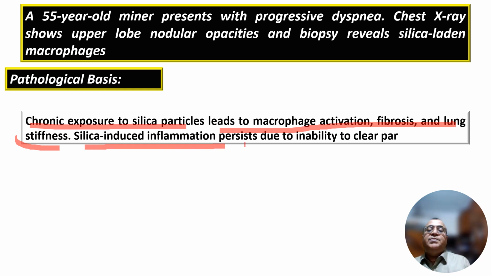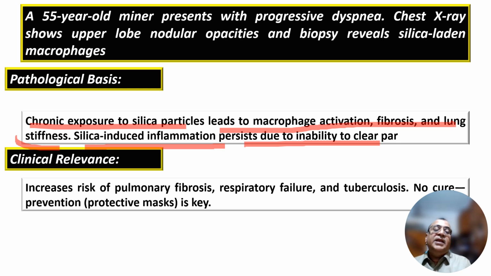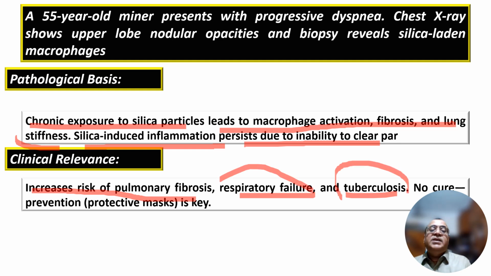Silica-induced inflammation persists due to inability to clear the particles. Then there is increased risk of pulmonary fibrosis, respiratory failure, and tuberculosis associated with silicosis. No cure is available. Prevention is the only key for silicosis.